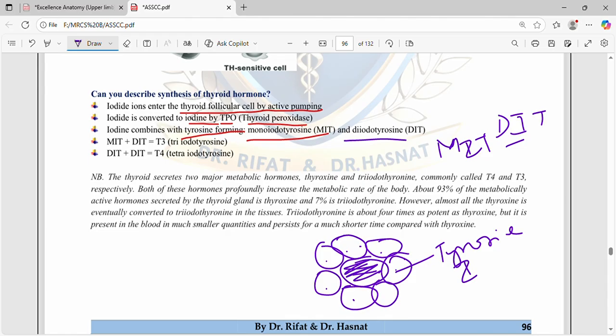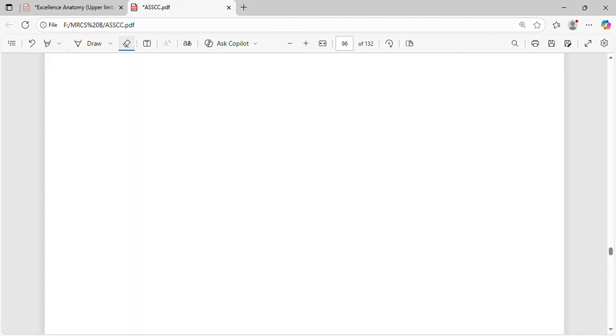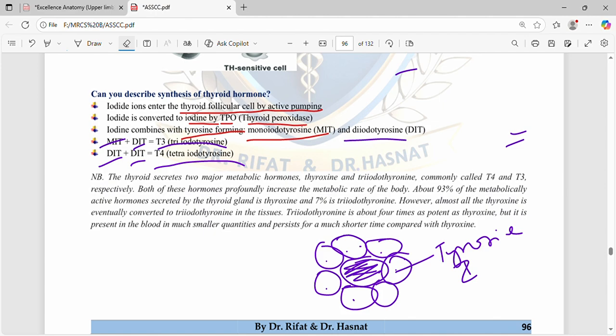So MIT and DIT, monoiodo, diiodo, they form the triiodothyronine, and two diiodo compounds form the tetraiodothyronine. But the active one in your body is triiodothyronine. So T3 is the most functional, but very less in the body, and T4 is not the active hormone, but large in number.